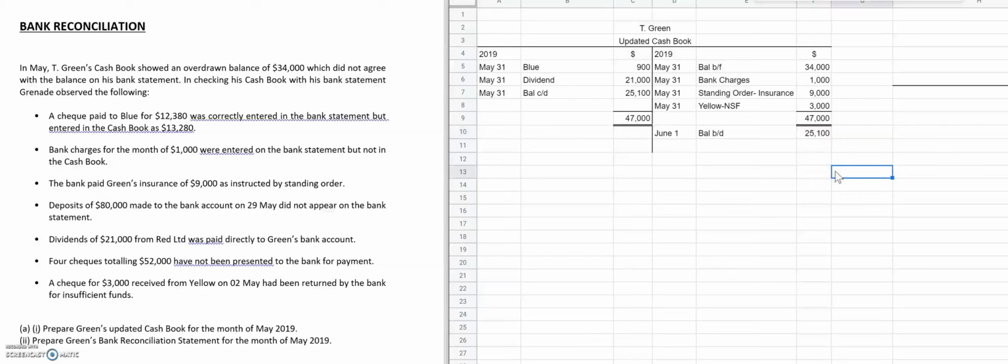Okay, now that we have completed our updated cash book, the next step is to go ahead and prepare our bank reconciliation statement with those information that were in the cash book but were not placed in the bank reconciliation statement.